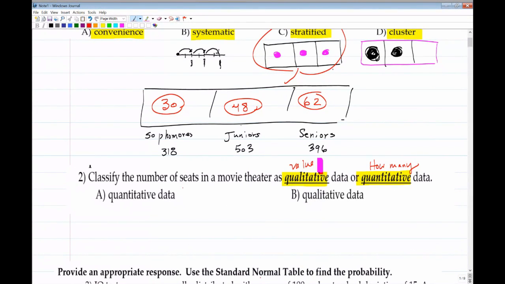So when we discuss the number of seats in a movie theater, the number deals with how many, therefore it will be quantitative, because it's dealing with how many. If you're discussing the color of the car, that will be value.